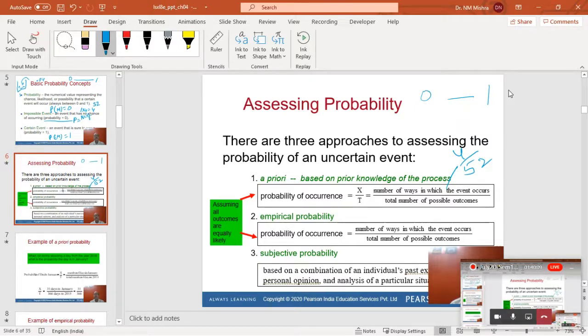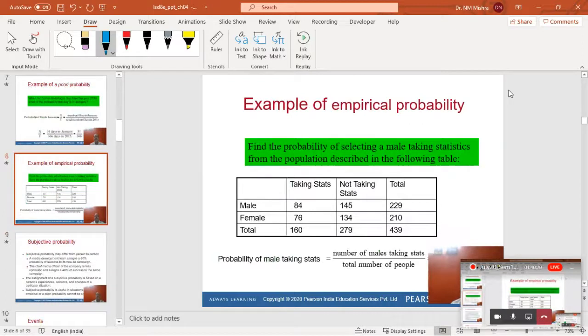If you are calculating the probability by using the mathematical formula, for example, the probability of selecting a male taking statistics, you calculated total males taking statistics is 84 and total number of people is 439. You divided it, and this is the way we calculate the empirical probability.